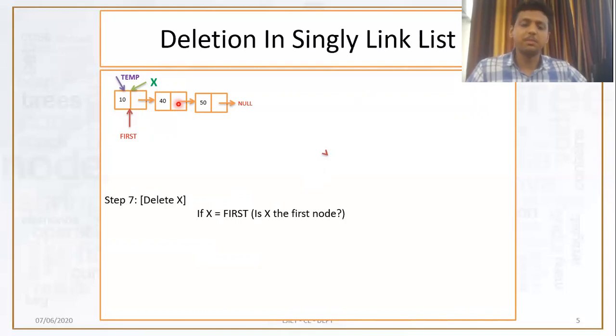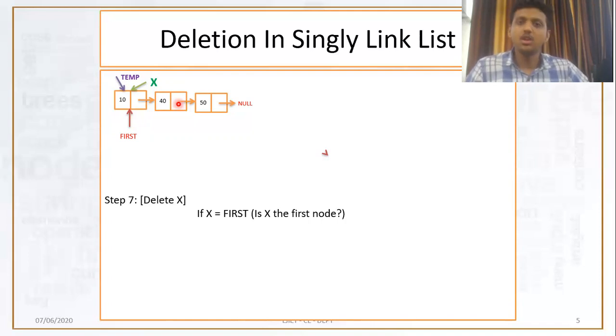Some of you students may ask, sir, 40 can also be known as link of x. Yes, you are right. It's also known as link of temp. Then why are we using link of first only? Students, you can write link of x, link of temp, or link of first, anything, because right now temp, x and first, all three pointers are pointing to 10 only.